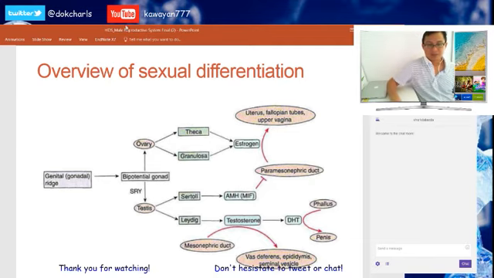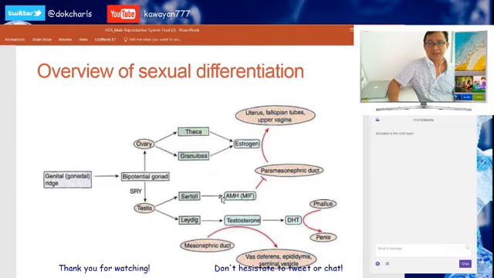So that's the default template, meaning that in the absence of any stimulation, it will become a female. However, with the presence of your SRY gene, you develop your testes, and due to the production of hormones, the testes will lead to the development of your Sertoli and Leydig cells.